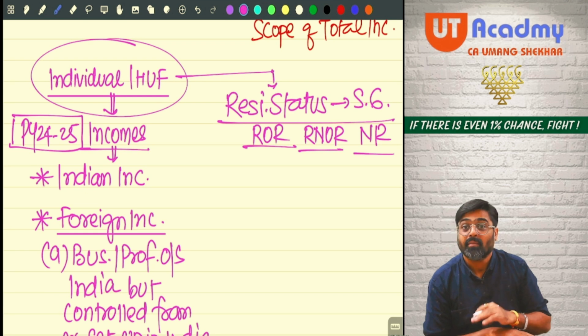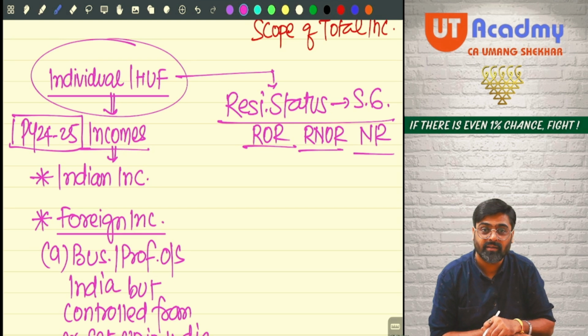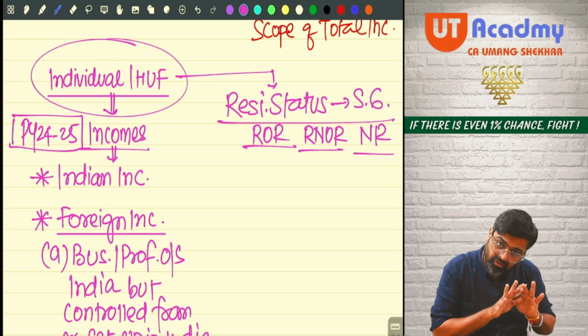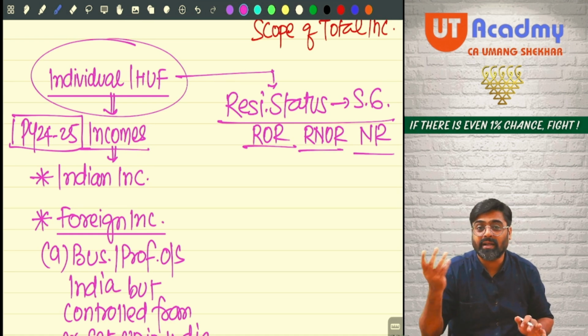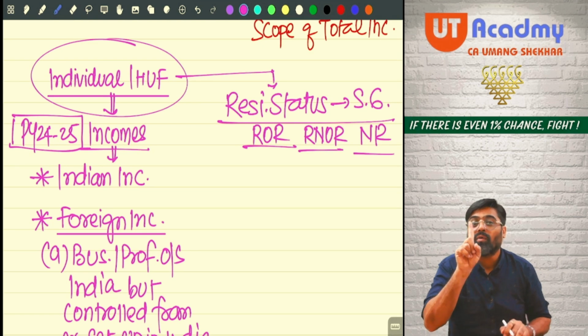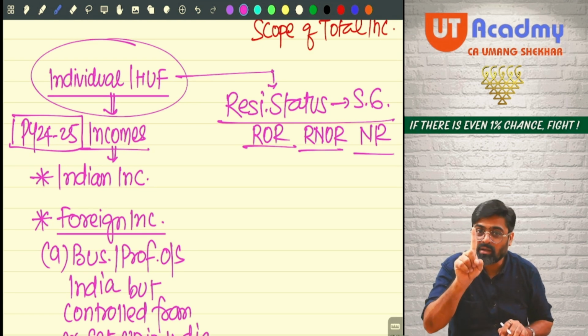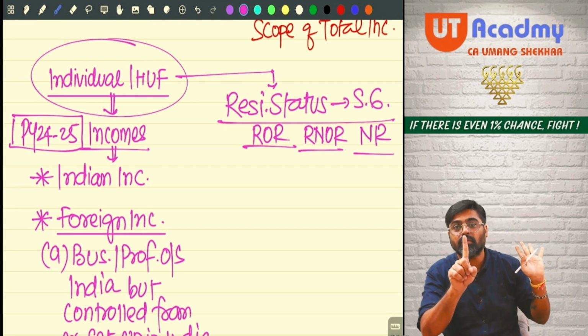But if we classify him as resident but not ordinary resident, then he will be treated as RNOR for this entire year, and in that case he cannot be ROR or NR. For one previous year, only one residential status is possible.